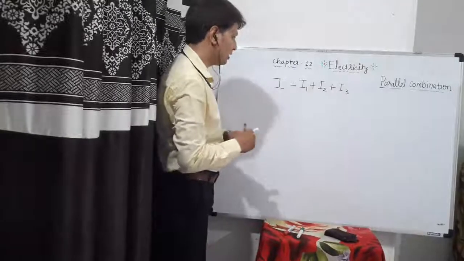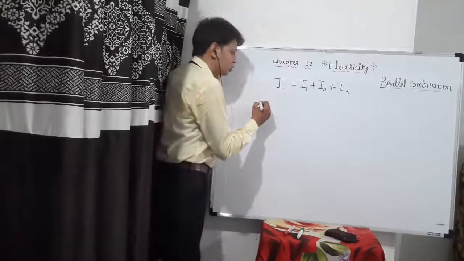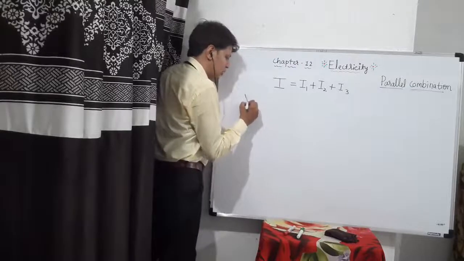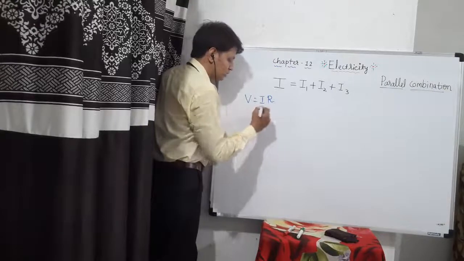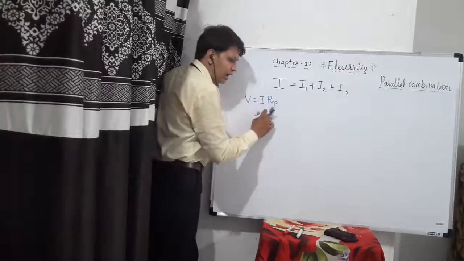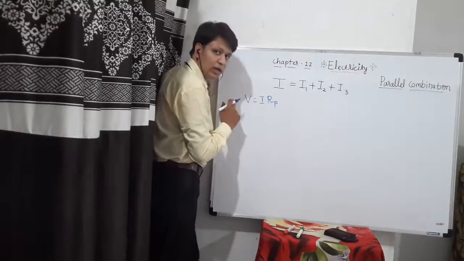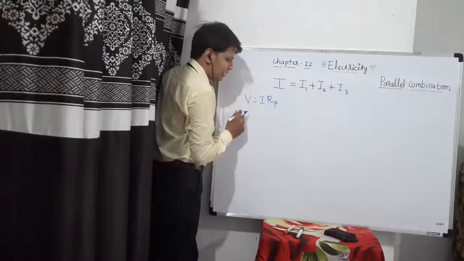So if I want to find this total current, I need to use this equation, that is V is equal to I into R. Let us say R is Rp for parallel connection, and V is the same potential difference applied.